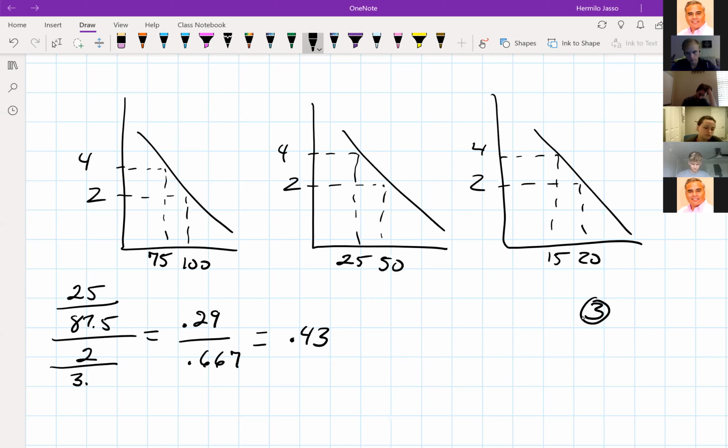Look, how much money were you making before the sale? 2 times 100 equals $200. You were making $200. Then you increase the price to 4, and now you're only selling 75.